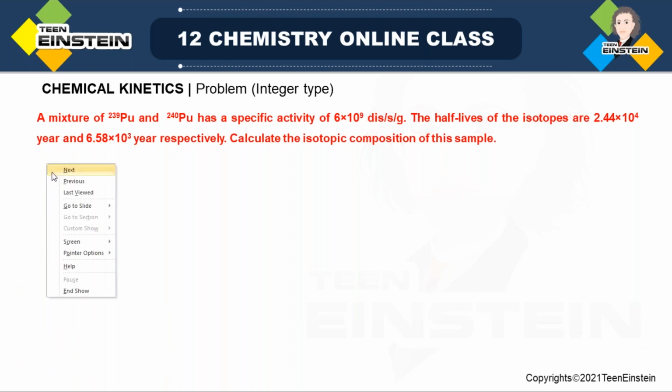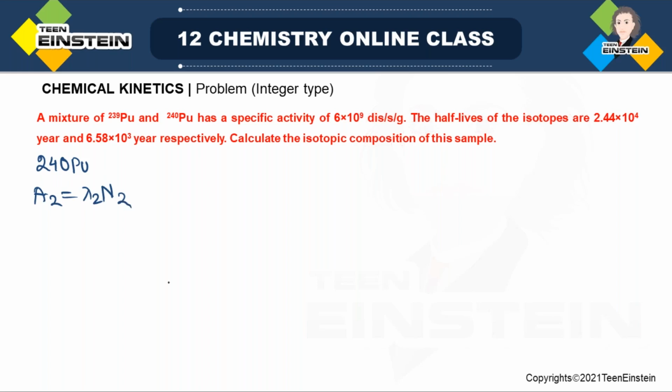So for 240 Pu, I will write lambda 2 directly: 0.693 divided by, remember this is the half-life for 240 Pu, 6.58 × 10^3. Conversion from year to second, 31536. I am following the same thing as we did for the other isotope.